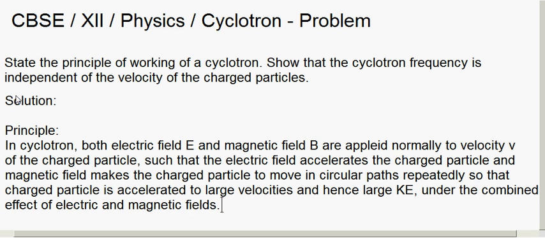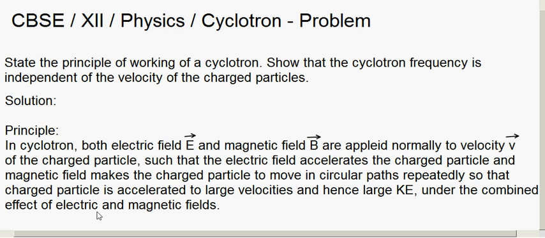Okay, so let me read out once. In cyclotron, both electric field E and magnetic field B, you can mark these fields as vectors also because they are vector quantities, are applied normally to velocity v of the charged particle, such that the electric field accelerates the charged particle and magnetic field makes the charged particle move in circular paths repeatedly, so that the charged particle is accelerated to large velocities and hence large kinetic energy under the combined effect of electric and magnetic fields.